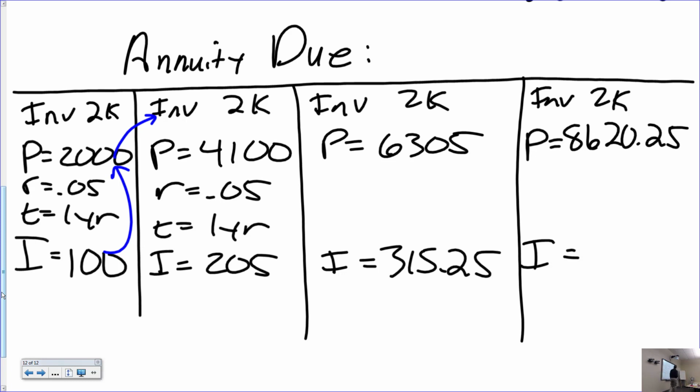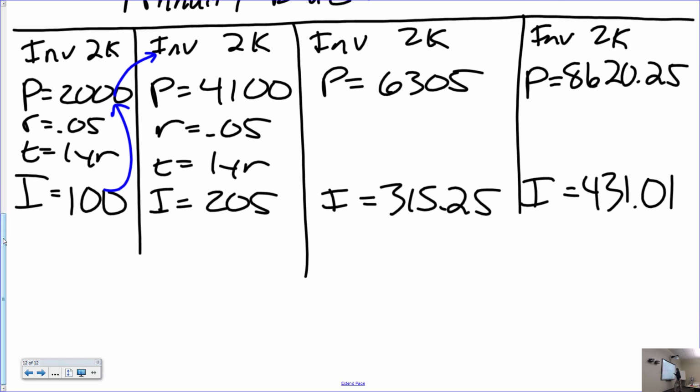So what's the interest that we get in the very end of our annuity due? 431.01. And so what's our future value of the ordinary annuity? $9,051.26. Do you add the extra 2,000 on it that you were going to invest? Nope, because we're at the end of that period, not the beginning of the next one.